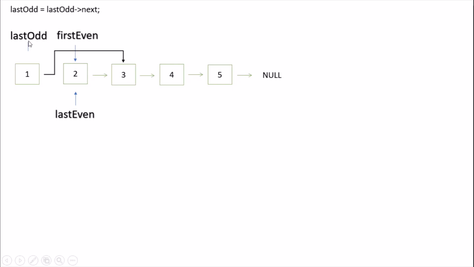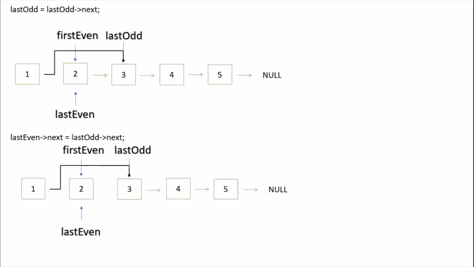We simply update last odd by assigning last odd's next to last odd. So now our last odd is updated. Now let's go further into the loop, and we do the same for the even linked list. We just have to reverse the pointers.